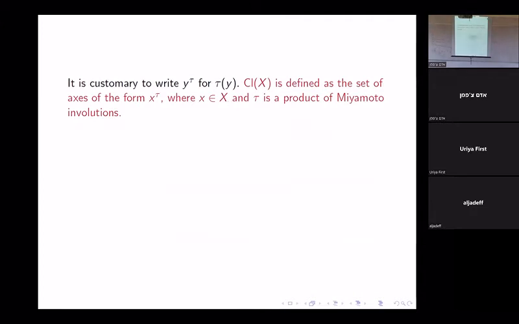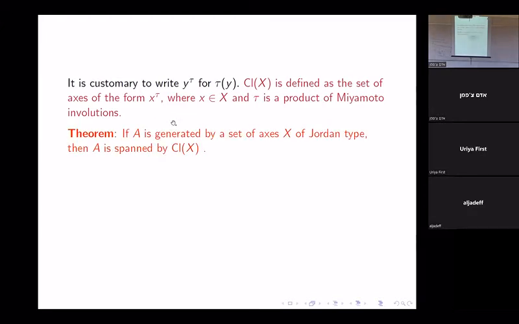So CL of X is the set of X to the tau, where tau is a product of Miyamoto involutions. So tau is in that dihedral group, and X tau is what's written.